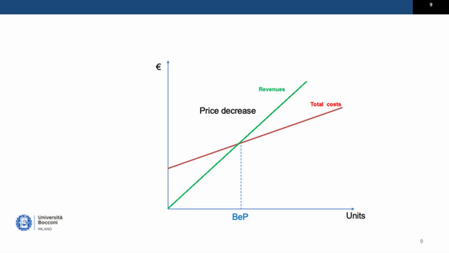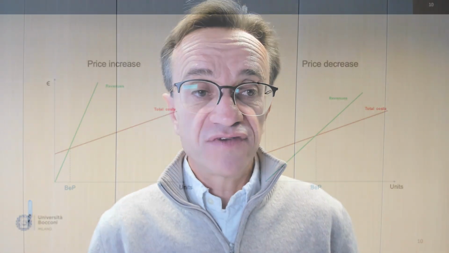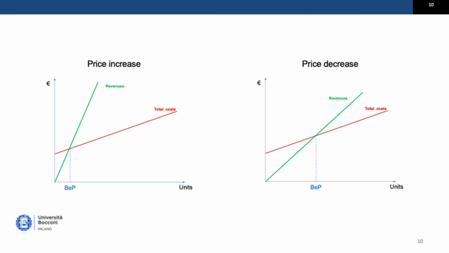When the price decreases, it means that the slope decreases, so the line of the revenues is less steep. That means that the cross happens later, and the units that we need to sell to start getting profit, so the break-even point, increases too.